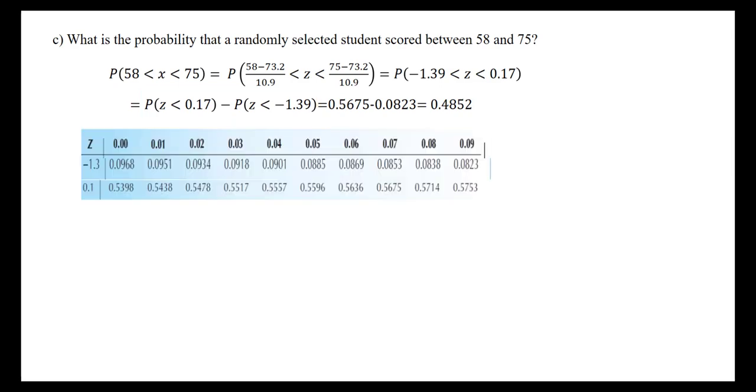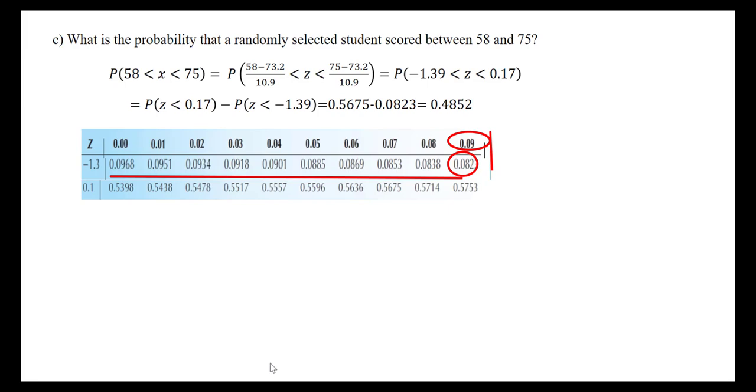Now we find these areas again from the table. We look at 0.1 on the left margin. Across the top, we find 0.07. We read off 0.5675. Then for negative 1.39, we have negative 1.3. Across the top, we have 0.09, which in this case is 0.0823.